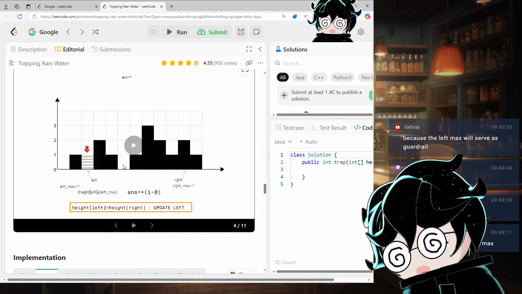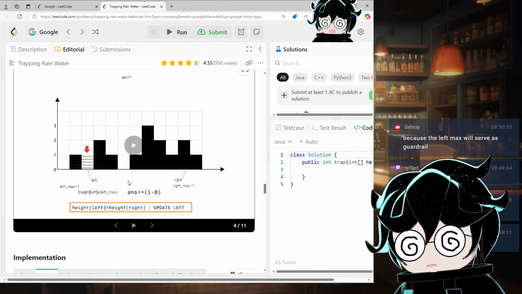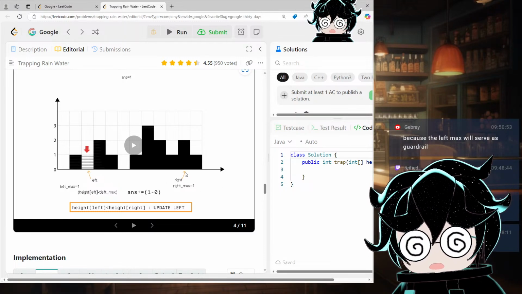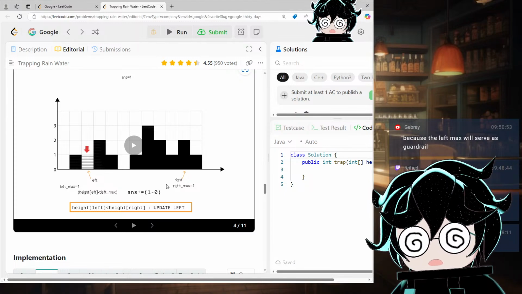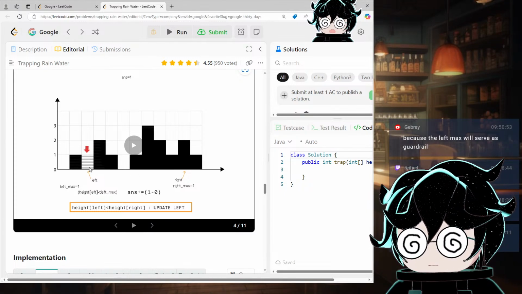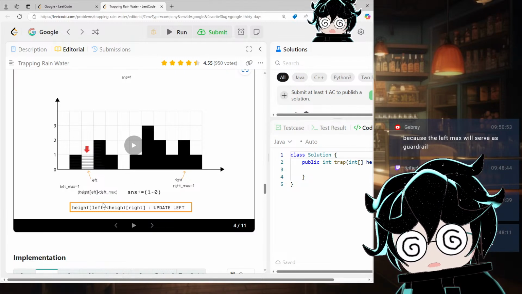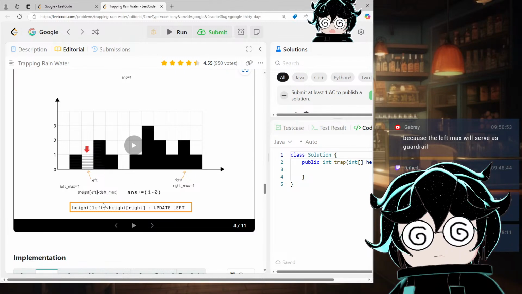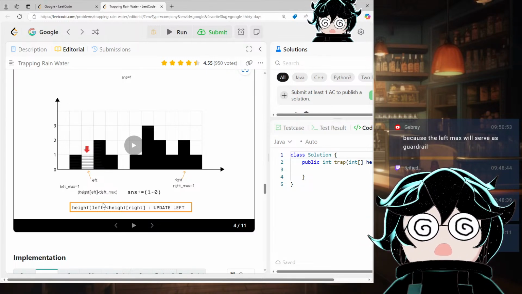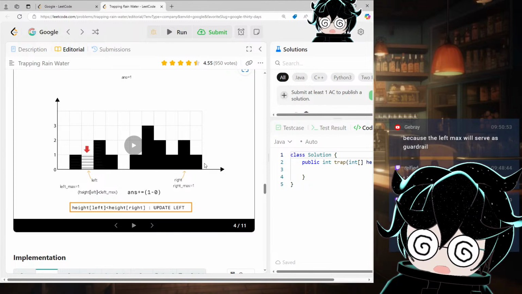So all we need to do is 2 pointers. Keep moving them in depending on which one is smaller, and then keep tracking the local max at each. And then if the current ground level is lower than my max at either side, then you calculate the water level, and then you're good to go.